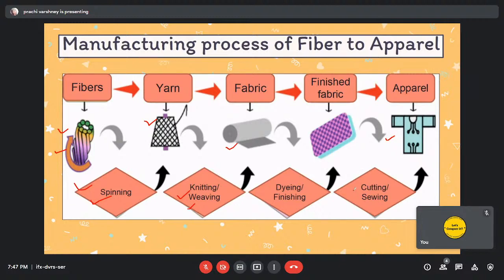There are different kinds of steps which we can perform to make apparel from that finished fabric. So this is the whole manufacturing process: how we make yarn, then fabric, then finished fabric, to the apparel, that is the garment. So this is the whole process.